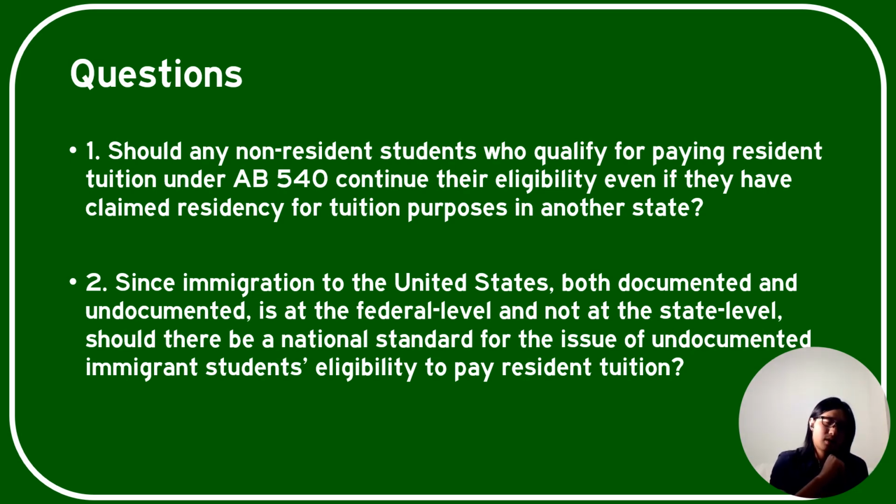So, questions, right? I want to say, California is my home state. I was born and raised in California. I graduated from California high school. I went to California high school for all 4 years of high school. So I would qualify for AB 540. Now, I went to Iowa State, and I paid non-resident tuition to Iowa State, but things happened, and eventually I became an Iowa resident, even for tuition purposes, right?